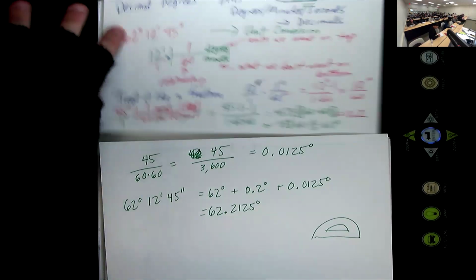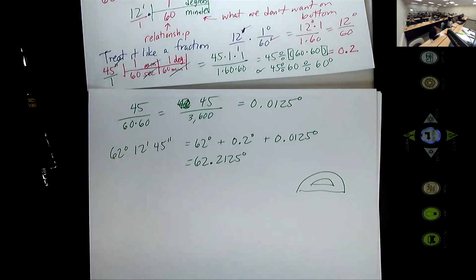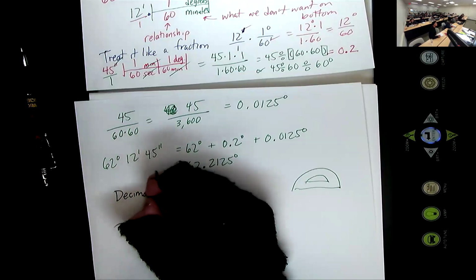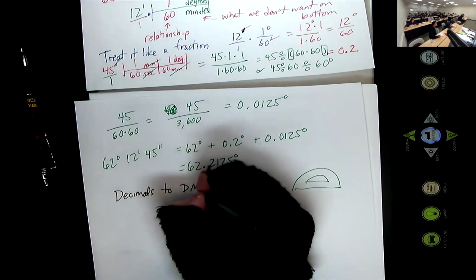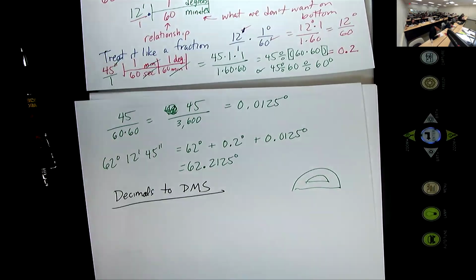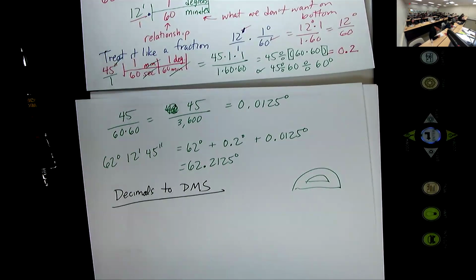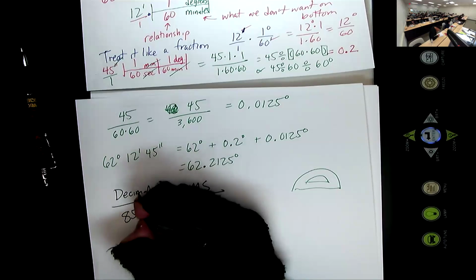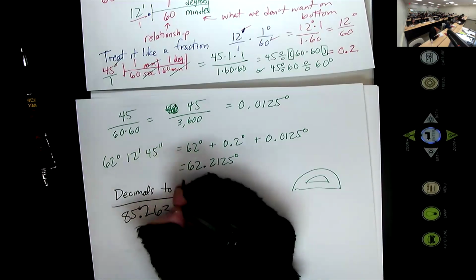Let's go the other way, from decimals to DMS. So let's say we have 85.263 degrees.